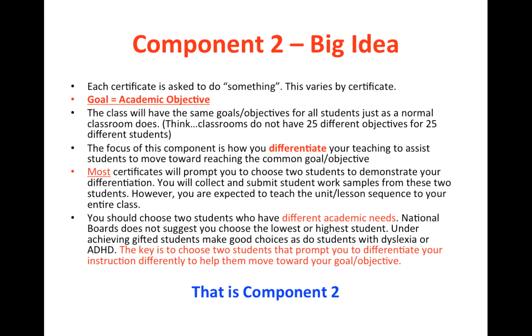You can say if they have a ruling that's ADHD, but you and I know most students that are ADD and ADHD do not have rulings. So you would just simply say they have ADHD tendencies in your writing. Remember, we cannot diagnose, okay? So we're looking for two students who are just different so that we can show how we differentiate for different needs, okay?